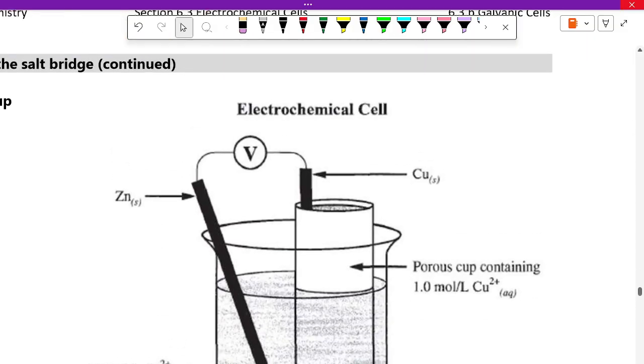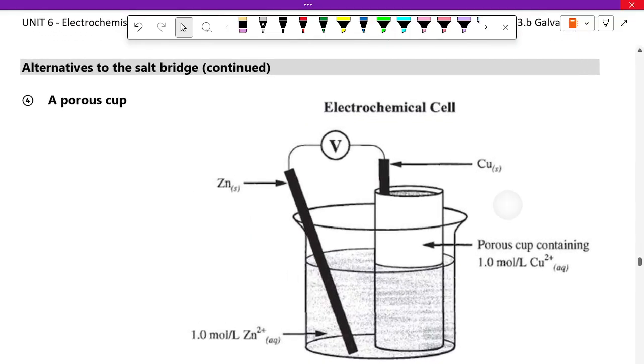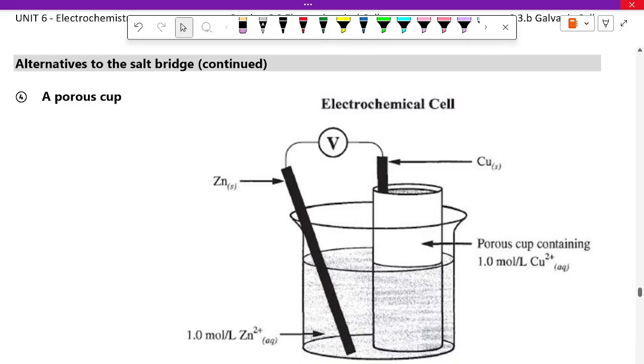Do we have any others or is that it? Let's check. Ooh, and then here's a fun one. We have a porous cup. Maybe it's made of some sort of ceramic or something like that, where it's got tiny little holes in it. It's kind of like sandstone, but not really, where it's got little particles that are stuck together, but there are little pores in it.